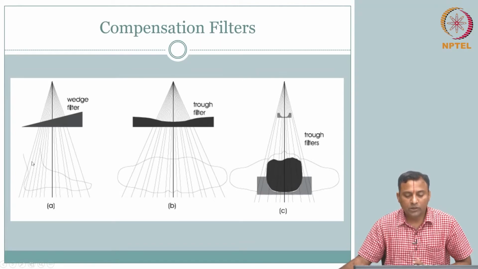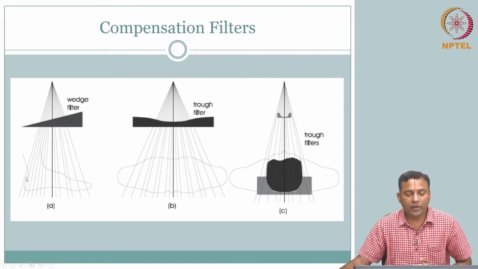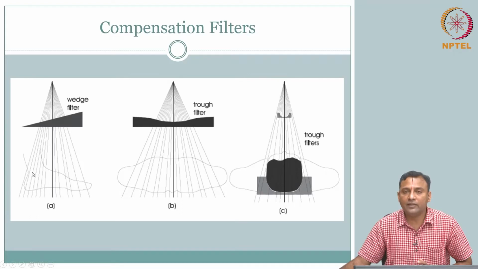Clear? So in this case, we know a priori that there is a path length difference because of the shape of the object, and therefore you could come up with a compensation filter where you are essentially increasing this length, this length and this length put together, so that more or less the path length is the same.